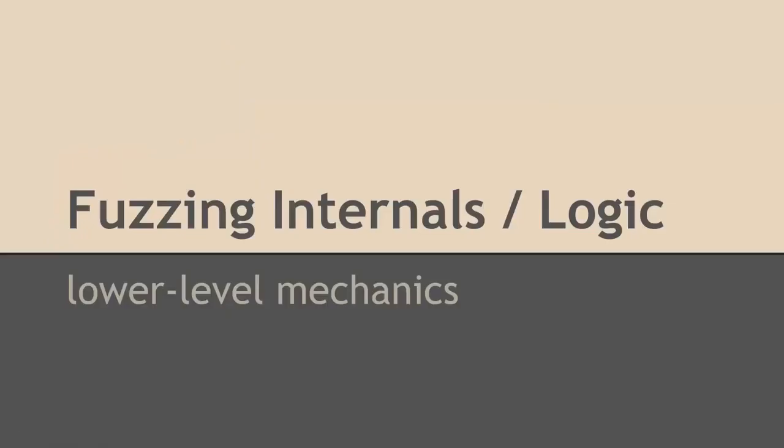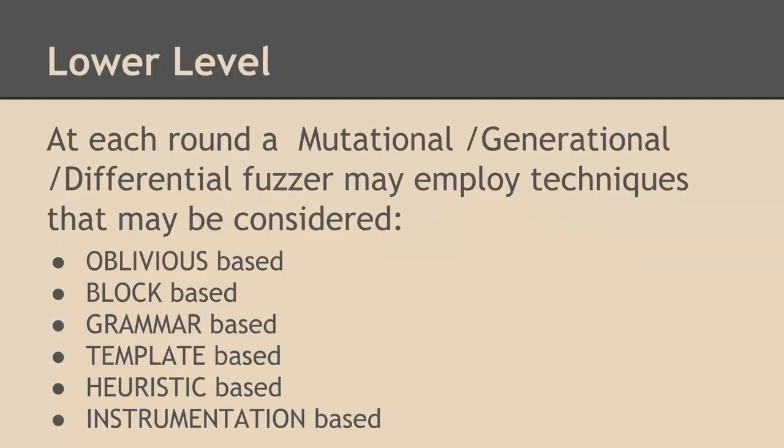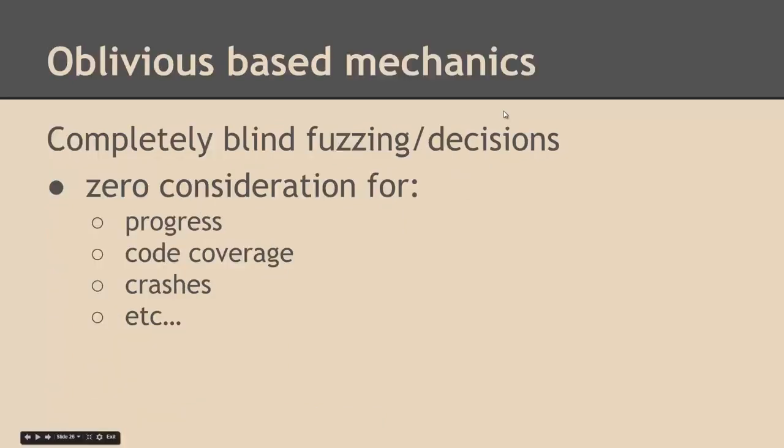Now for lower level mechanics, at each round or throughout the fuzzing process, the fuzzer may employ techniques that are considered to be oblivious, block-based, grammar-based, template-based, heuristic-based, and or instrumentation-based. Oblivious mechanics is essentially just random fuzzing, piping from dev random into the input, or mutating it with just purely random.